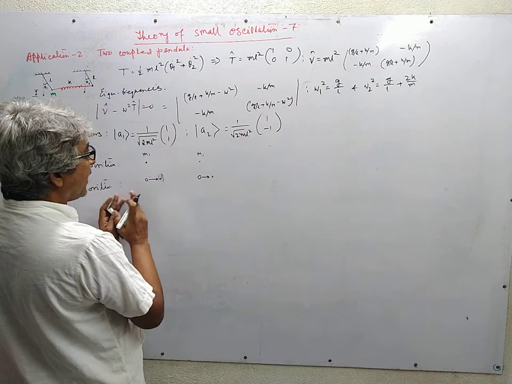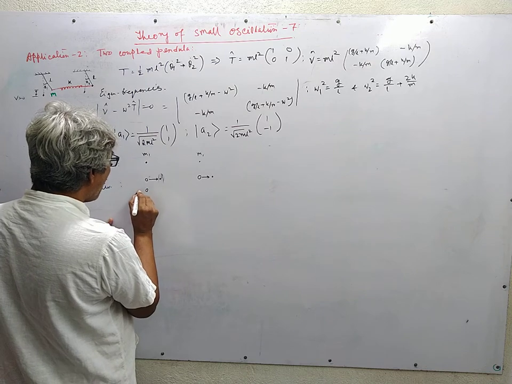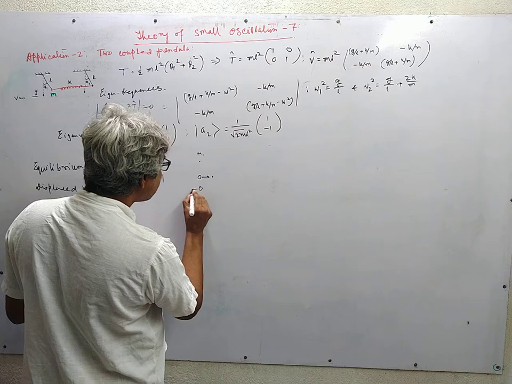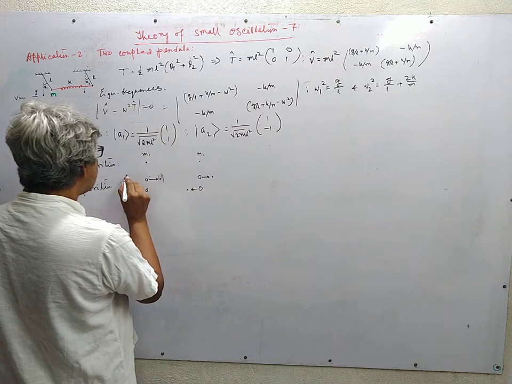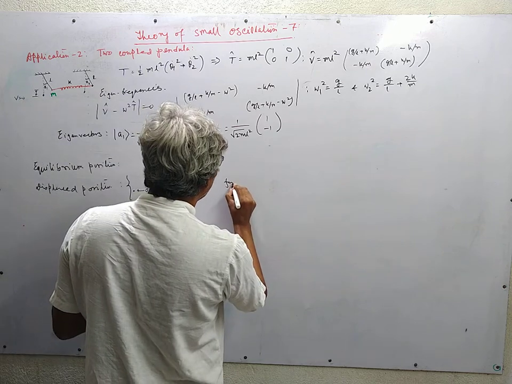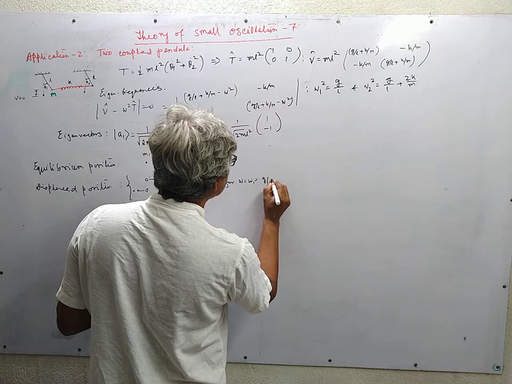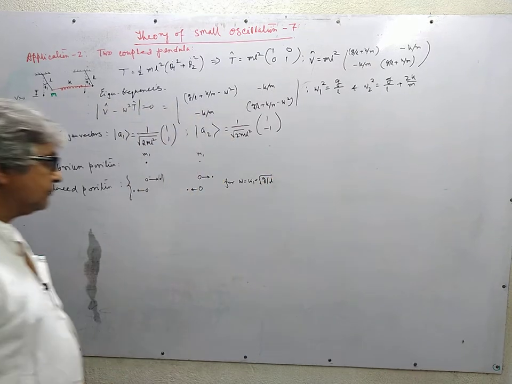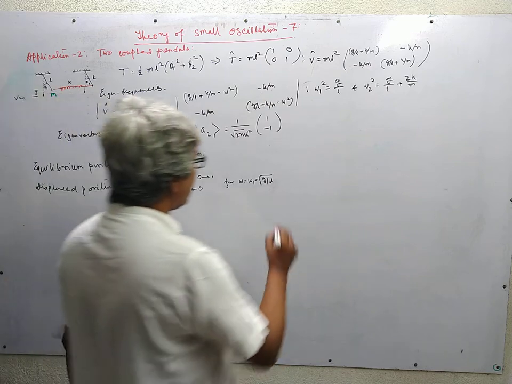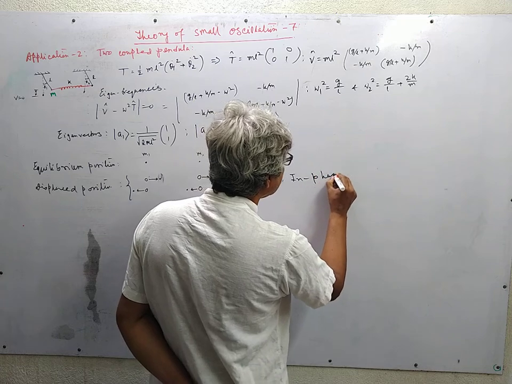So both of them are moving either towards the right or towards the left. So these are the two displaced positions for omega equal to omega 1 equal to square root of G/L. So this motion is called in-phase oscillation.